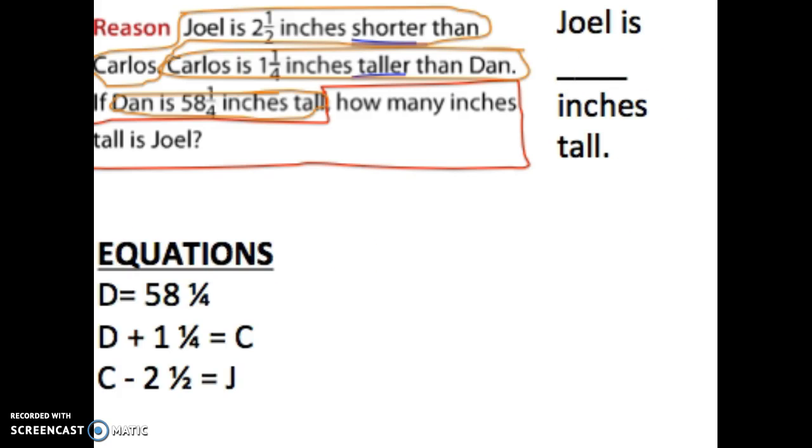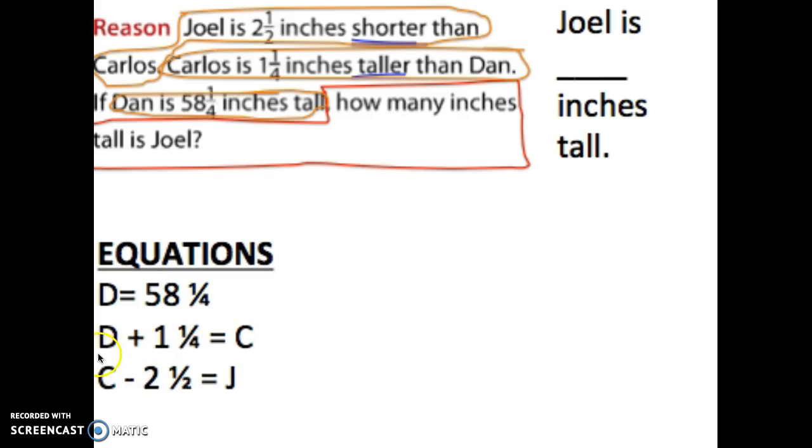Now that I'm done with my buck strategy, I want to rewrite the equations that I'm going to use in order to get to my final answer. The first equation I have here is D equals 58 1/4 inches. The D represents Dan, and I basically used the circled important information from my buck strategy. So the D represents Dan, and he equals 58 1/4 inches.